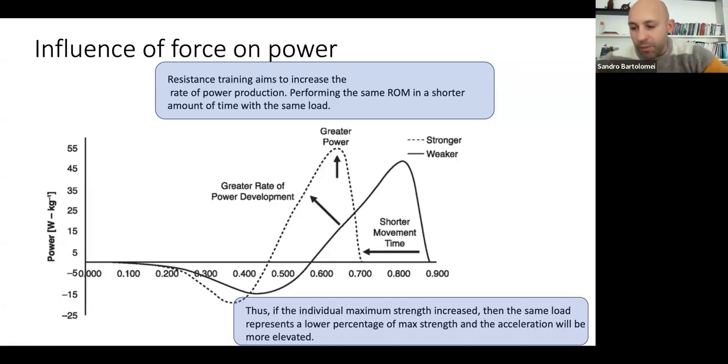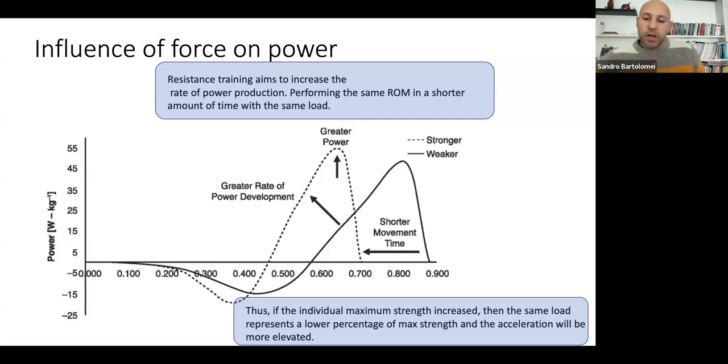For example, a baseball thrower is supposed to use the biggest range of motion possible, because if he has a long trajectory in which he can accelerate the ball, then the result may be better compared to reducing the range of motion. However, the goal of power training is to perform the same range of motion quicker.